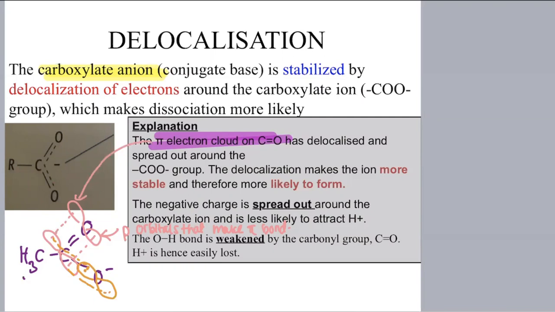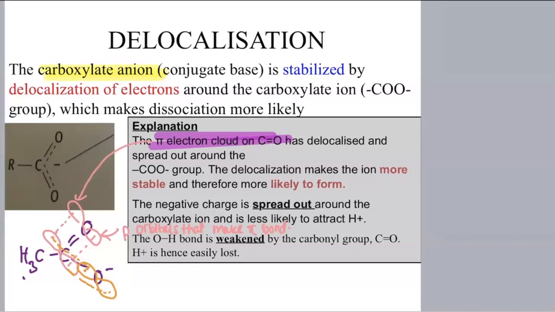Because of this delocalization, the negative charge that belonged to the oxygen is now spread out. We're not saying that the carboxylate ion is no longer negative. It is still negative, but instead of writing this negative charge on the oxygen, we move it to the middle to show that this negative charge is now being spread out between the COO part of the molecule.